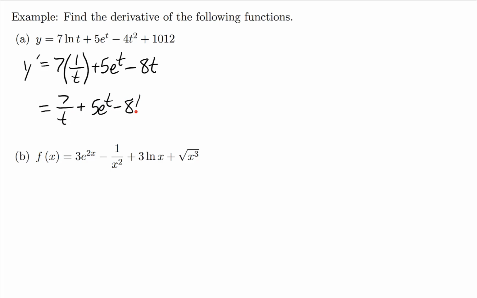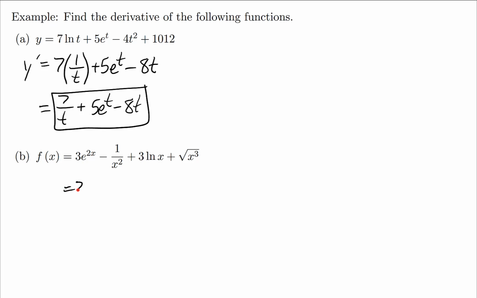For the next one, we're back to a point where actually some of these are a little bit strange. Namely this one, this 1 over x squared and the square root of x cubed. When I ran across these earlier, I had to rewrite them in order to take their derivative.